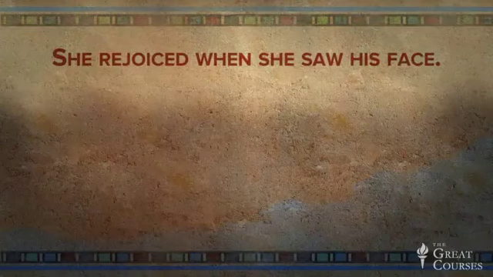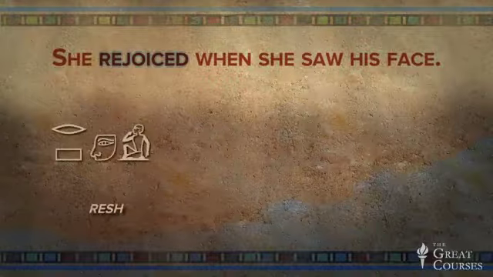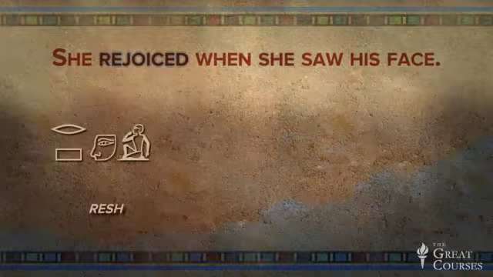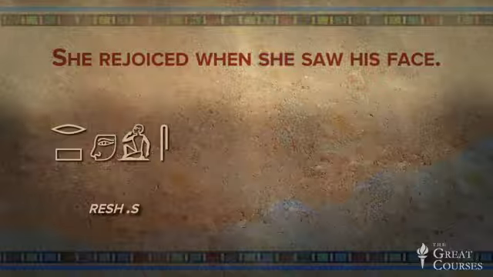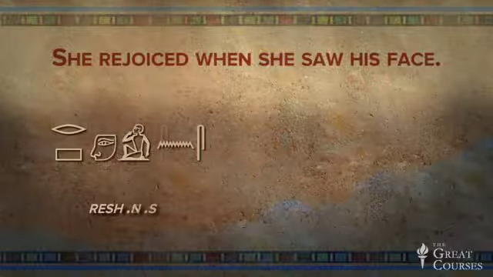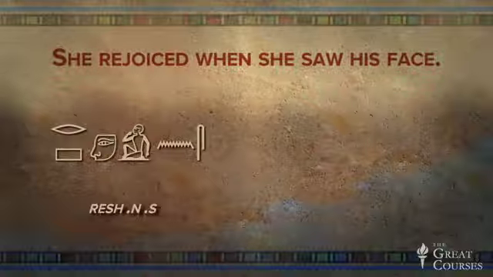We start with our verb, rejoice, which is resh. Now, for she, we add the folded cloth pronoun. But that's just, she rejoices. To make it past tense, we insert the water sign N between the verb and the pronoun. And that gives us, she rejoiced.